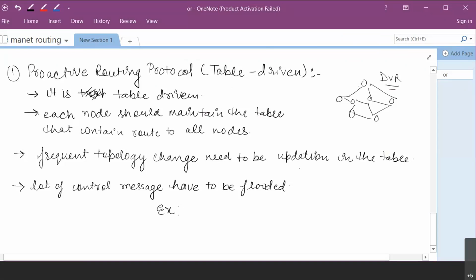So this type of network is used in an environment where there is not a lot of change happening. Like you can assume a hostel environment in IIIT Nagpur.